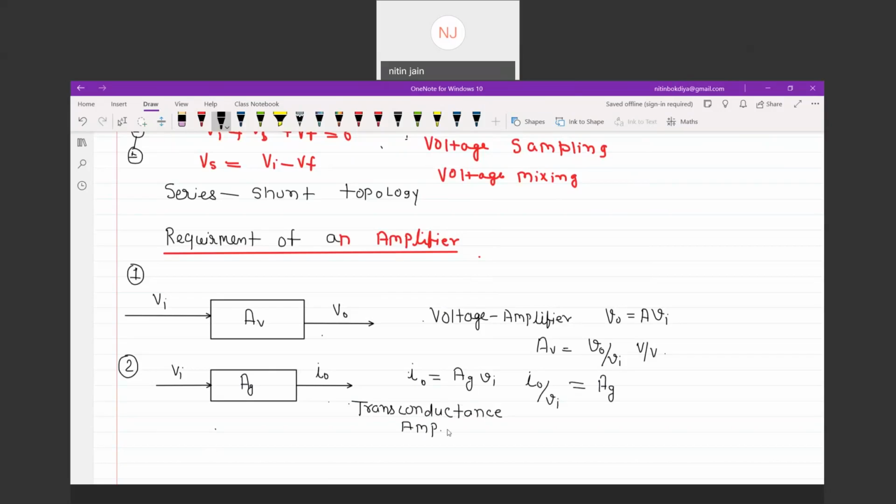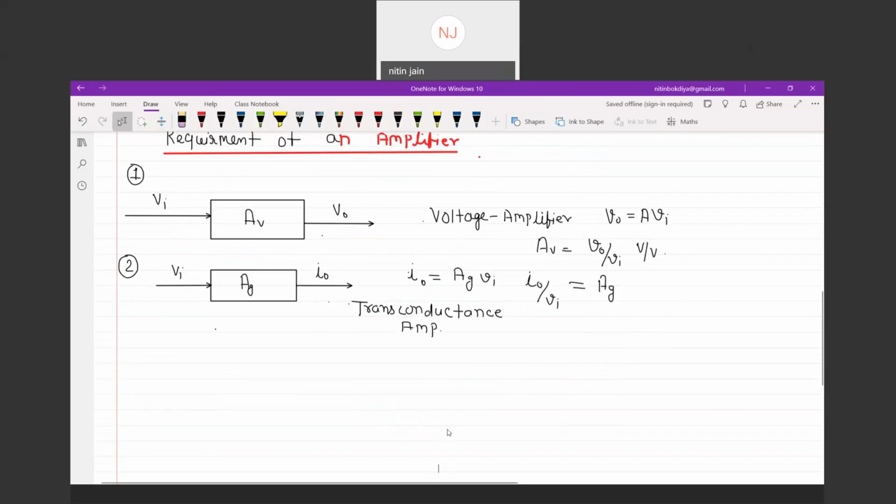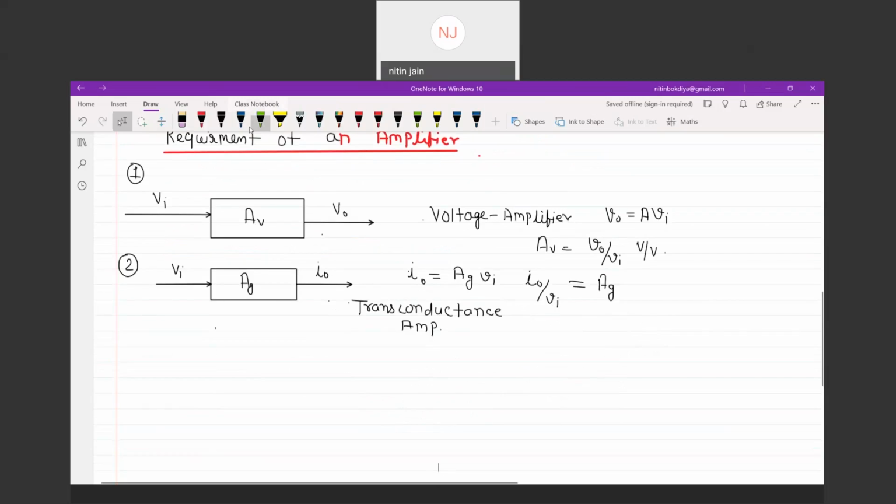What is the next type of amplifier? The next type is a current amplifier.